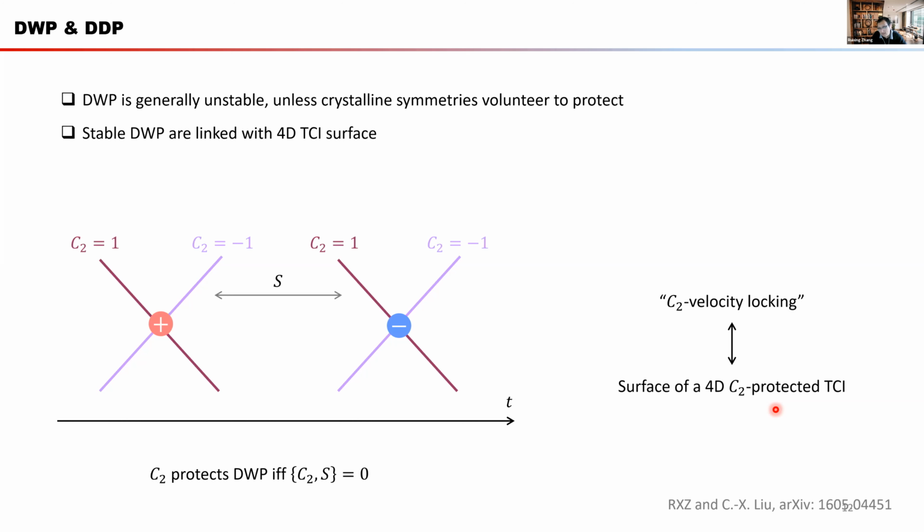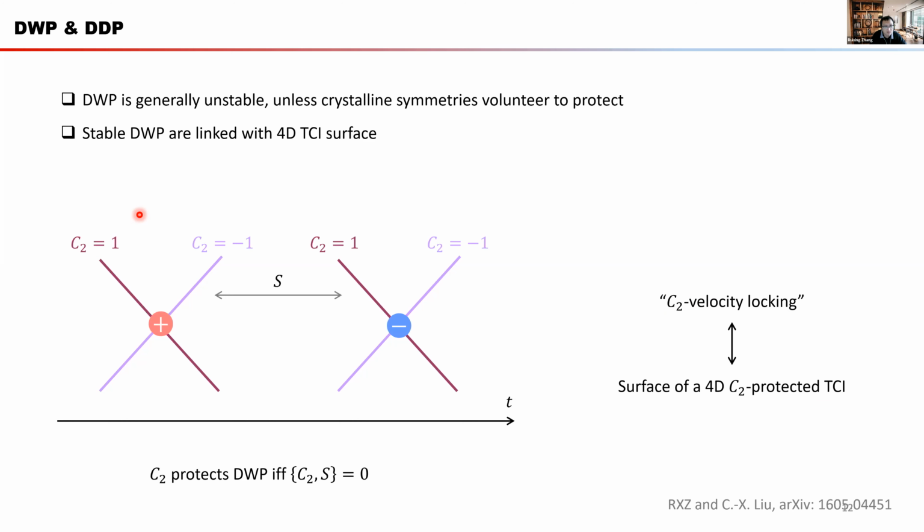This is pretty easy to understand because for the quantum spin Hall insulator, it shows a similar locking effect between spins and velocities, but only on the boundary of the system as a helical edge state. So this indicates, and we found that this is a generic feature, that all these robust singularities are related to some kind of four-dimensional TCI surface.